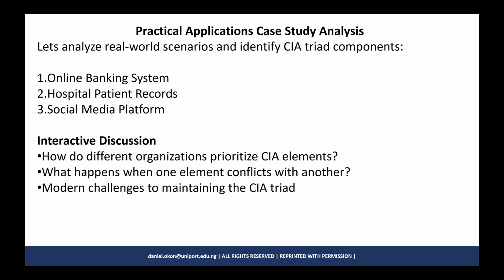So this group, you nominate people to come and talk about how we can apply the CIA triangle and what aspects apply in an online banking system. Column 2, you come and talk about hospital patient records relating to the CIA triangle. Columns 3 and 4 are the same; you come and talk about social media platform. We just have 2 minutes each to talk about it.